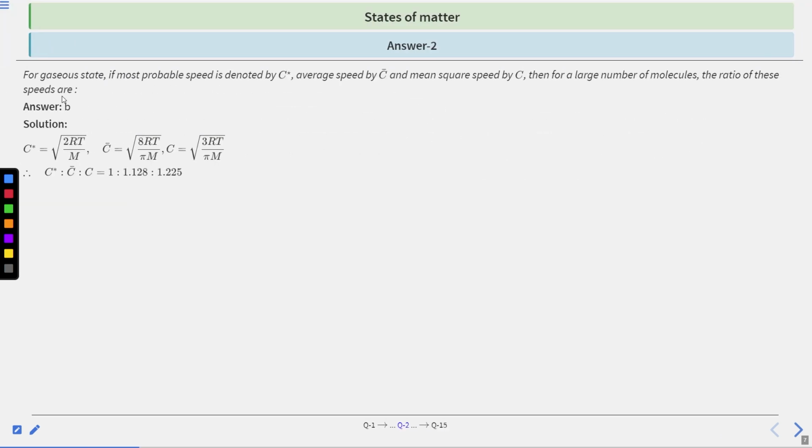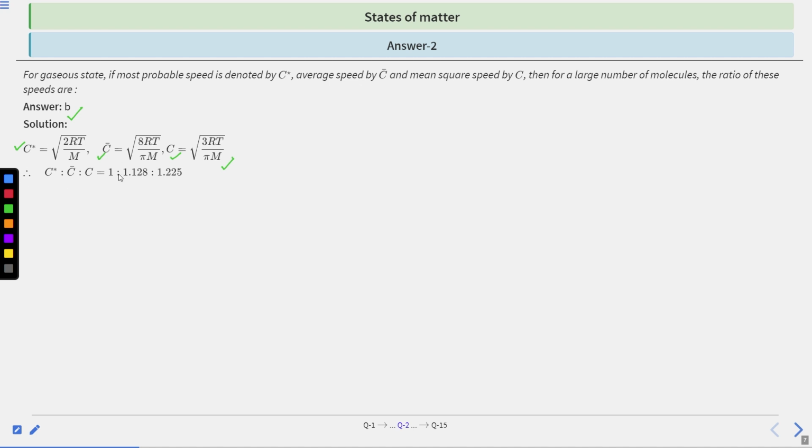Okay, so the correct answer is option number B. We know by the theory of this chapter that the most probable speed C star is equal to this, C bar, that is the average speed, is given by this, and C, that is the mean square speed, is given by this formula.